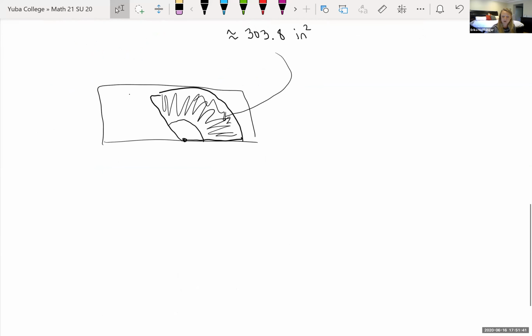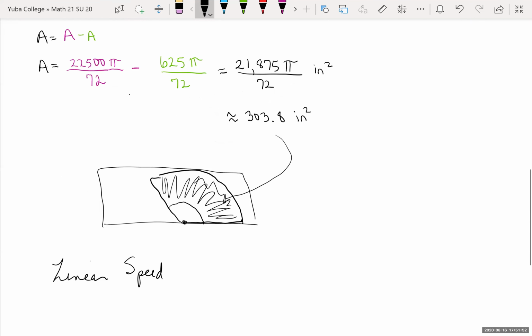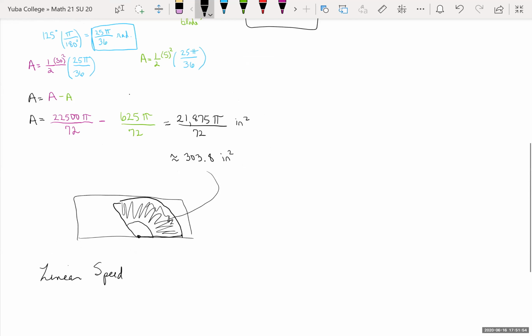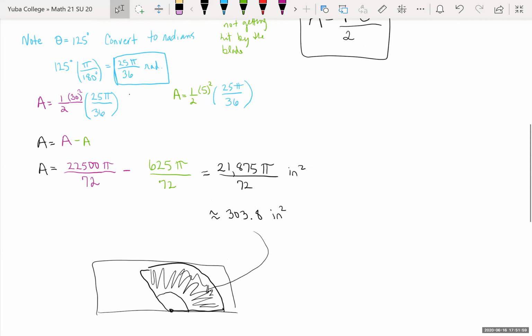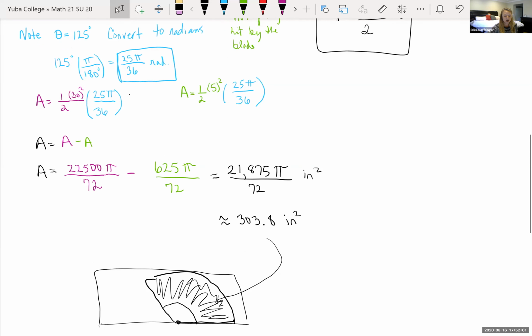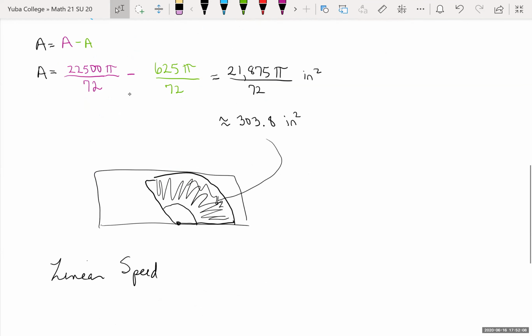Okay, linear speed we've worked with before. I have a quick question before you move on. On the previous problem, there were two numbers, 5 and 30. I was wondering where you got those from. Is that from the angles? No, that has to do with the radius of the blade pieces. The whole arm itself is 30 inches.